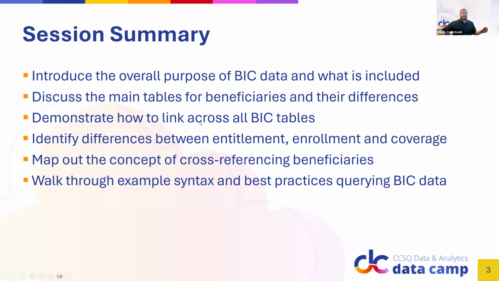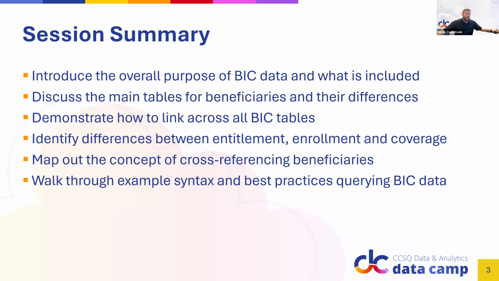I'm going to demonstrate how we can link across all of the different BIC tables, and talk through the differences between entitlement, enrollment, and coverage. Then I'm going to map out this concept that I came across when I first started, which was referred to as cross-referencing.